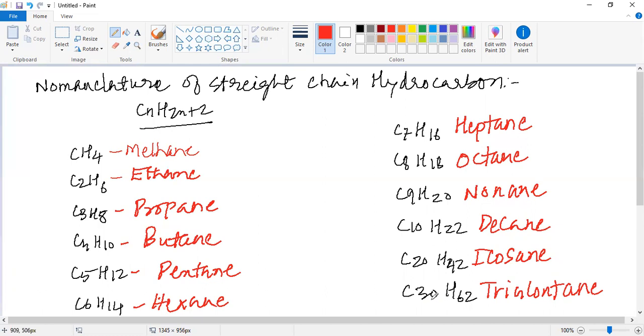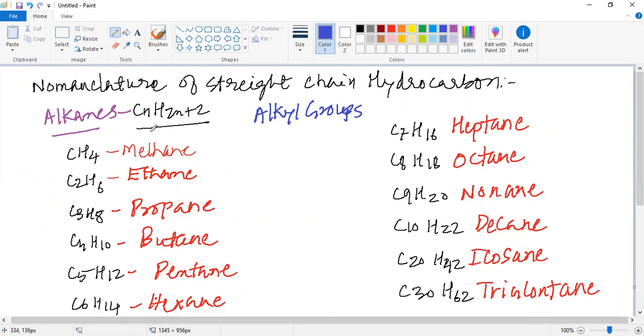Now, my dear students, these are all known as alkanes. When you remove one hydrogen from these alkanes, they will give you the alkyl group. So let us study about the alkyl groups. But remember, these alkyl groups are for the linear chains only.